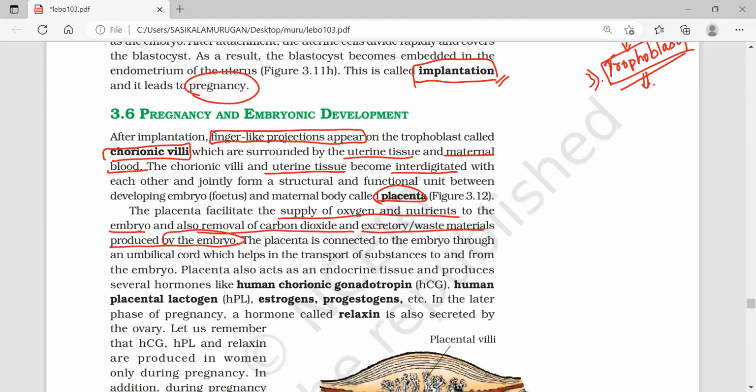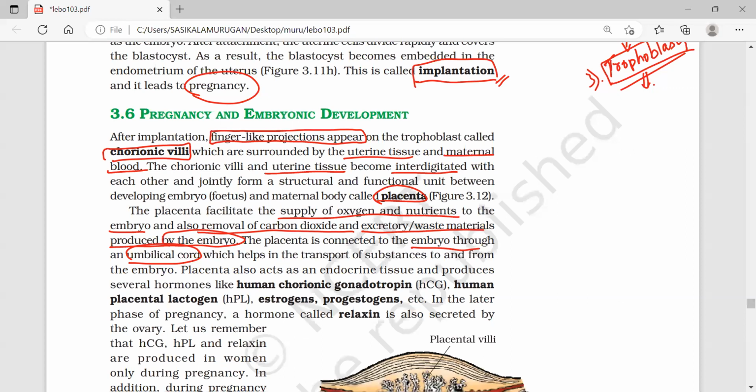But apart from this, the placenta is also connected with another very important structure called the umbilical cord. The placenta is connected with the embryo through the umbilical cord, which also helps in the transport of substances to and from the embryo. You should know about their primary function.